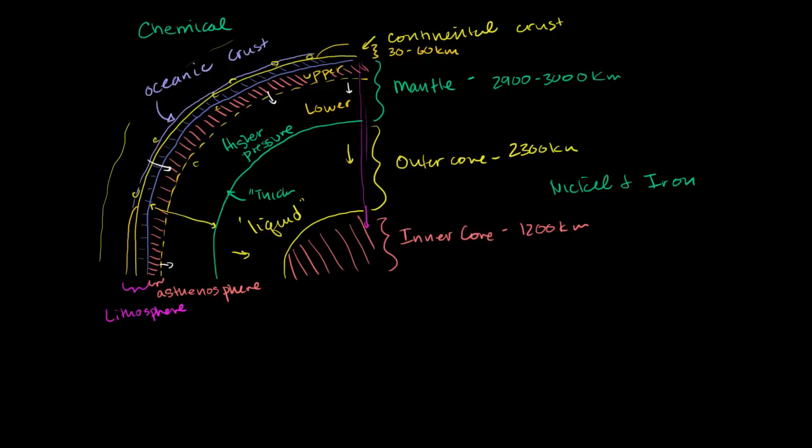And so the inner core, because of the high pressure, despite the high temperature, is solid. So the difference between the outer core and the inner core is actually a mechanical one. They're made up of roughly the same chemical makeup. It's just lower pressure on the outside, so you can actually be in a fluid state. So hopefully that clarifies and gives you a little bit of depth on the makeup of the Earth.